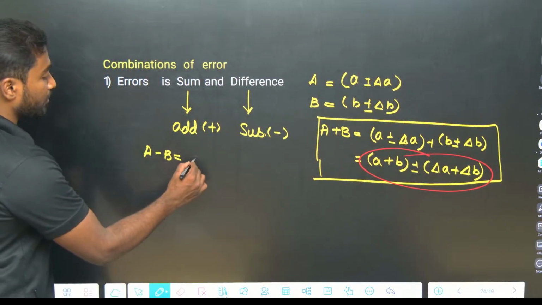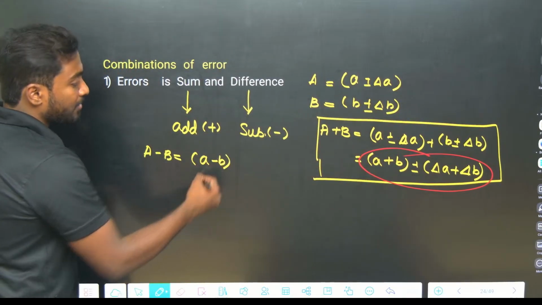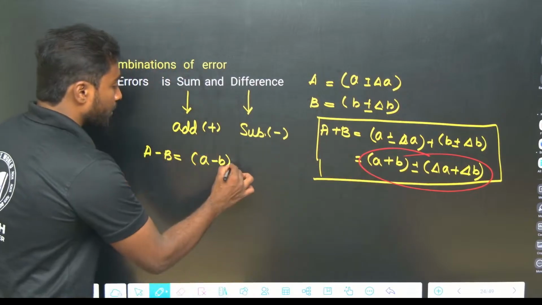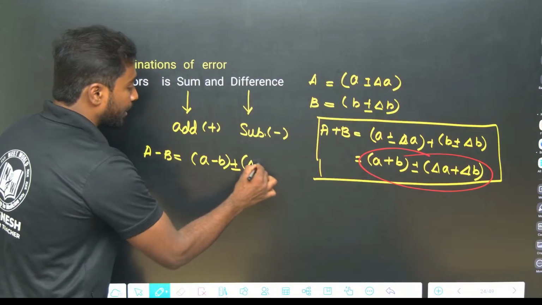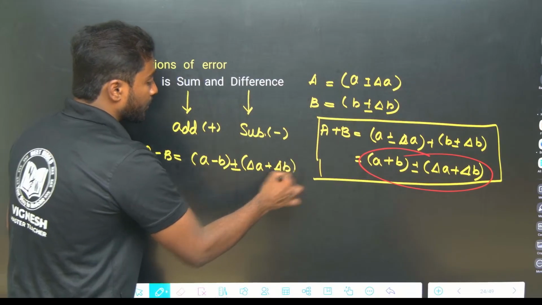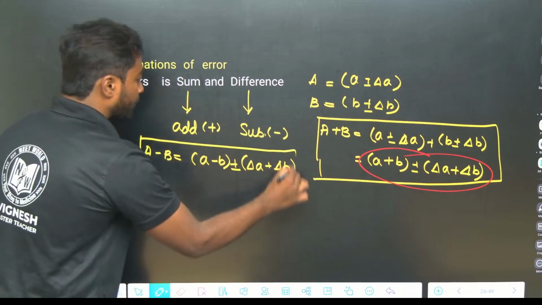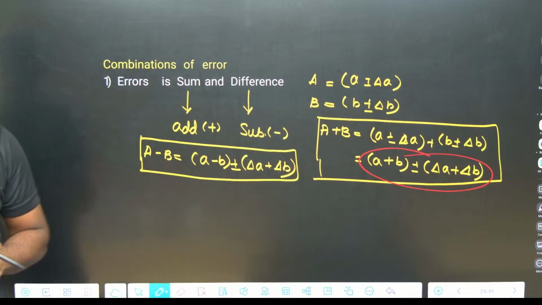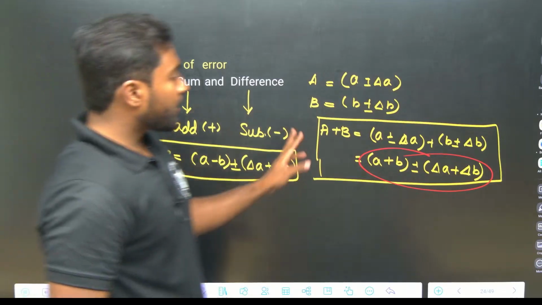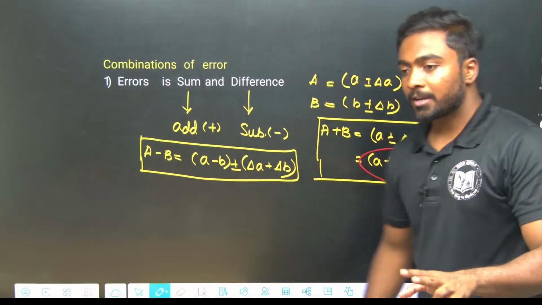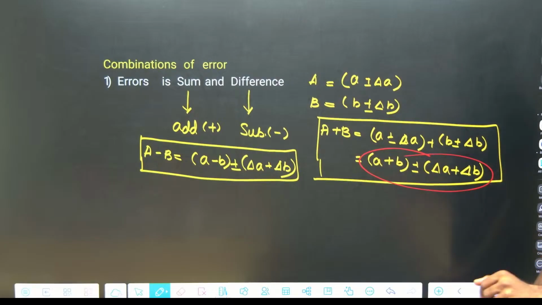It is the same formula, but instead of subtracting the errors I add the errors, delta a plus delta b. This is the formula for subtraction. Is there any doubt in addition and subtraction? Can we go for multiplication now?